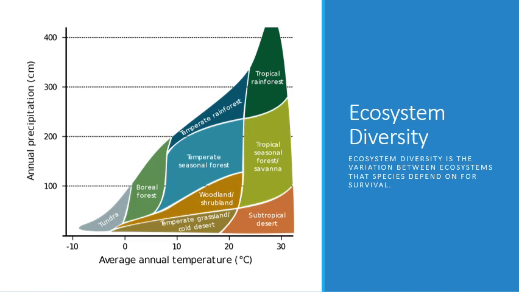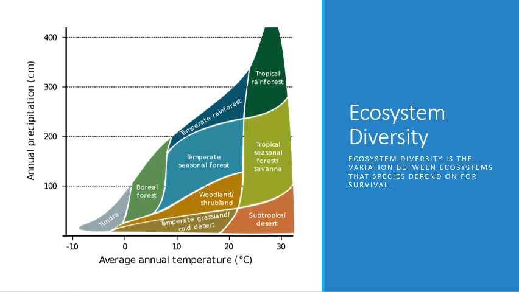We have ecosystem diversity. Ecosystem diversity is not dealing with the individual, it's dealing with the environment around it. Typically, ecosystems are going to be based on average temperature and average rainfall. And if we plot this out, you're going to see low temperature and low rainfall gives you a region called the tundra.